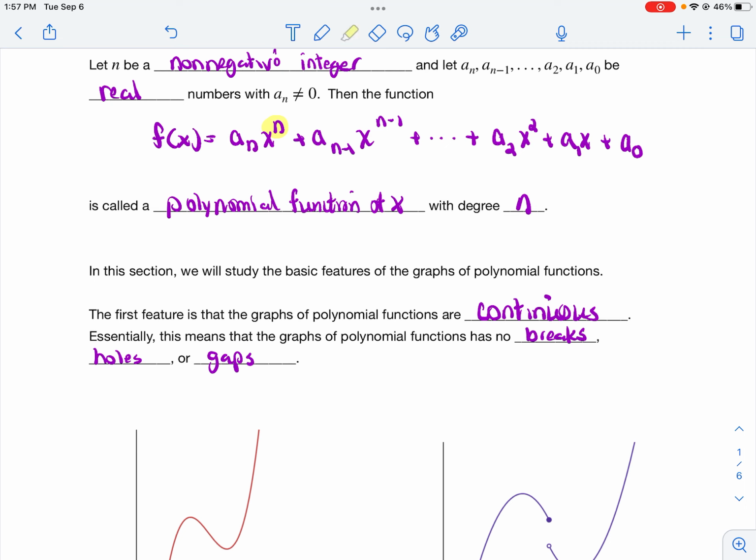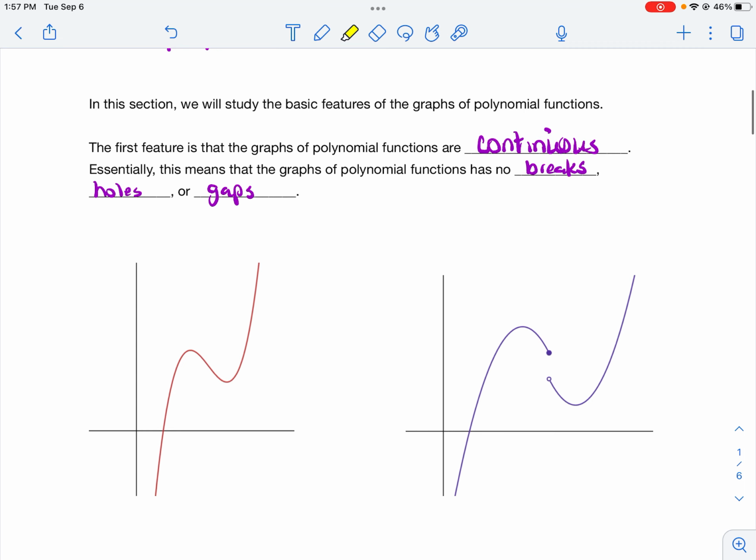If I can draw the graph without ever having to raise my pencil to go over some value, then it's continuous. For example, here I can start and trace the entire graph without ever raising my pen. That tells me this is a continuous graph.